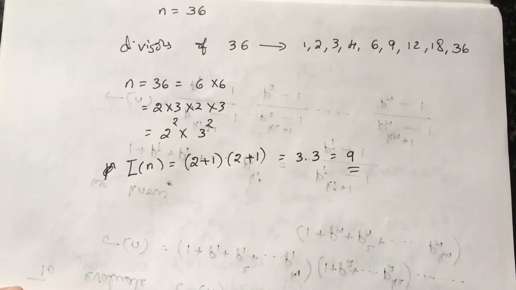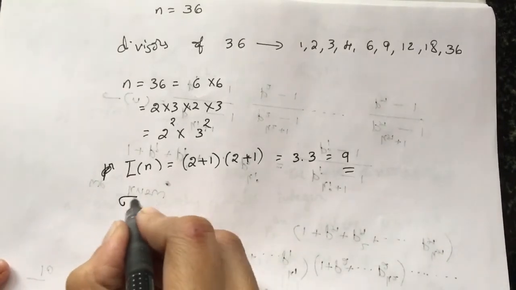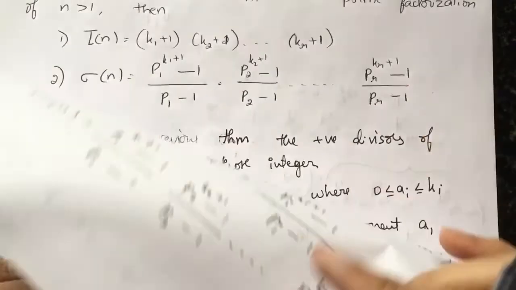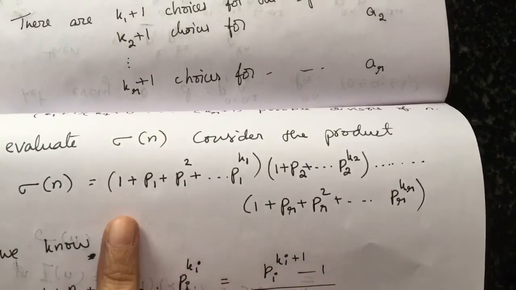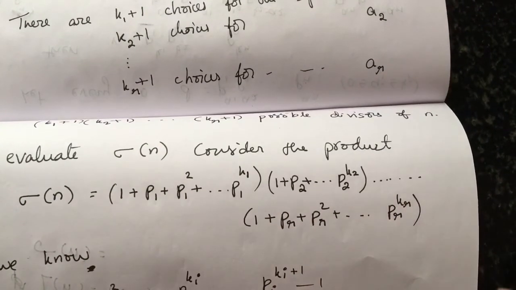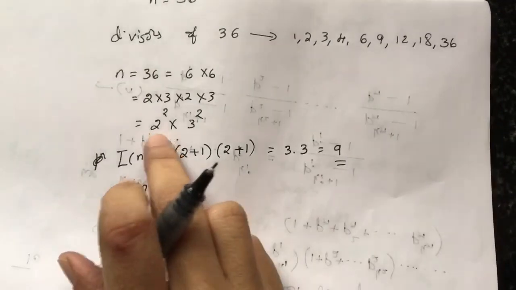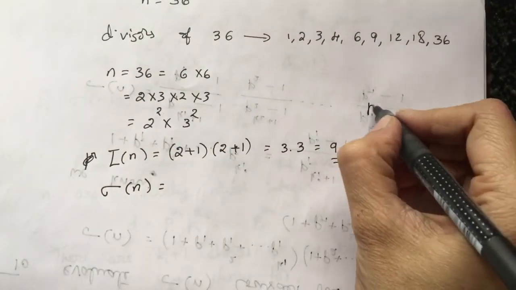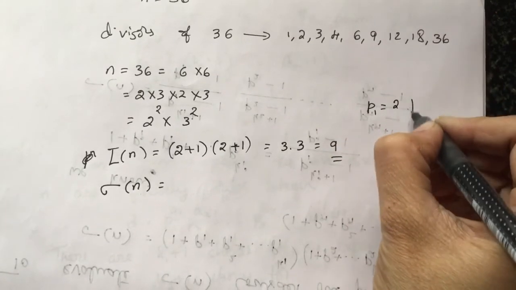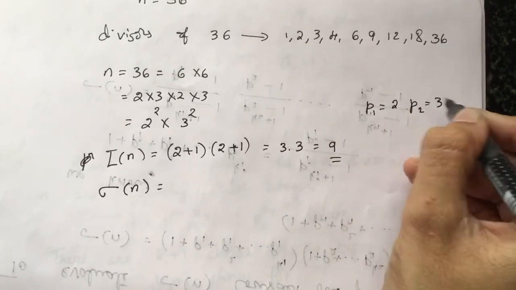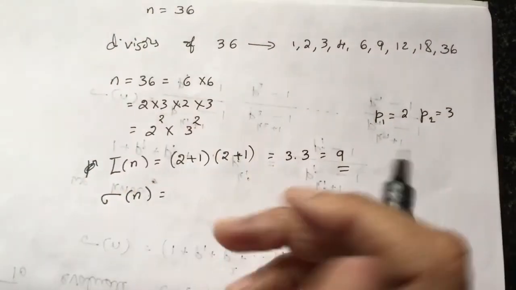Now I have to write sigma of n. I'll write this using the product. Here p1 is 2, the first prime, and p2 is 3, both appearing twice.